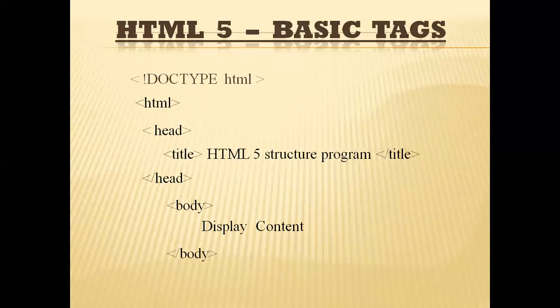You see the slash in front of the body word. This is the ending tag. And finally, we are going to close the HTML program. So this is a basic structure of any HTML program which we are going to follow.